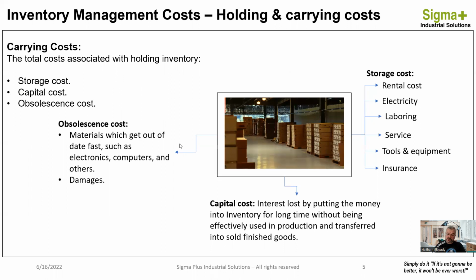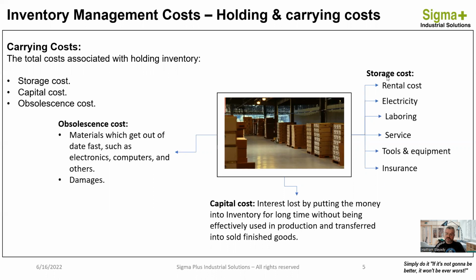The obsolescence cost is known to be all the materials that have been considered as out of date or expired, or even the cost of the damaged materials that have been occupying a warehouse for a long time. We also have the capital cost, which is known to be the interest lost due to keeping the materials for a long time in the warehouses. We will again discuss this in detail in the next slides.